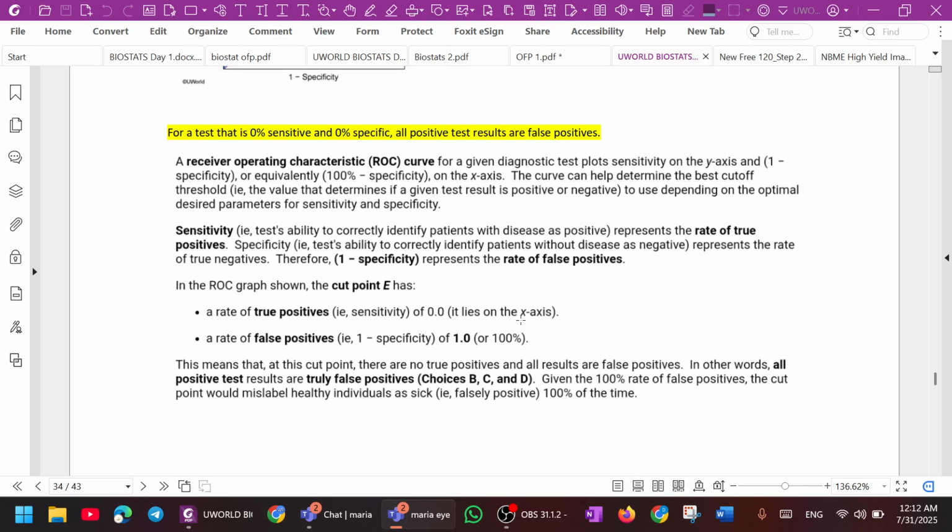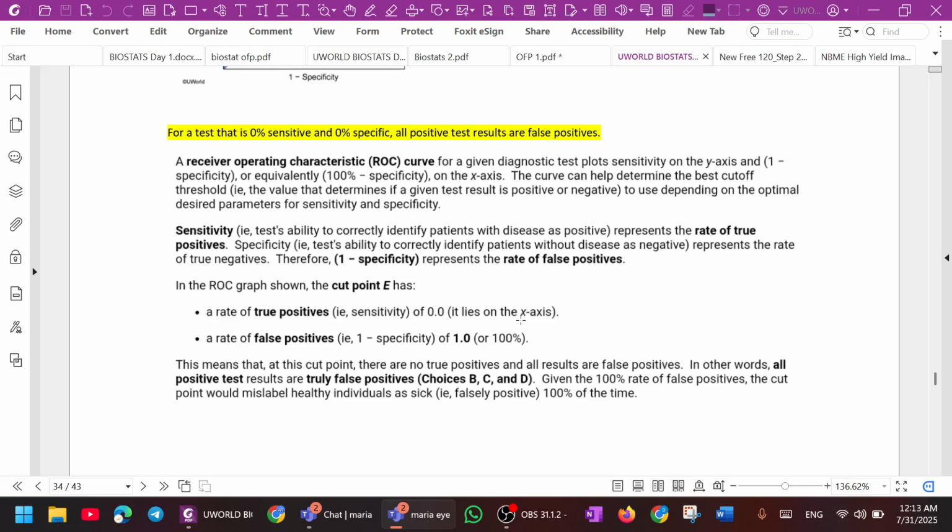For a test with 0% sensitivity and 0% specificity, all positive results are false positives. A ROC, receiver operating characteristic curve for a given diagnostic test plots sensitivity on the y-axis and 1 minus specificity, or equivalently 100 minus specificity, on the x-axis.